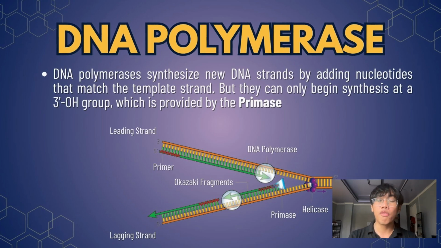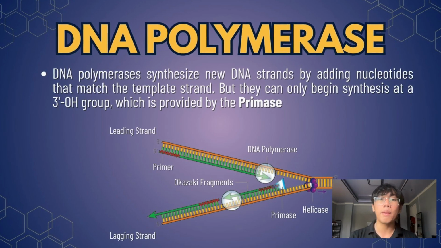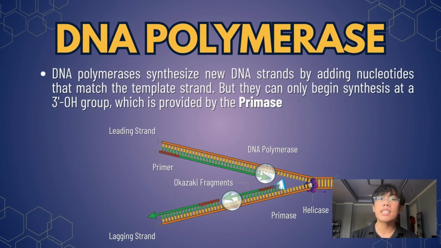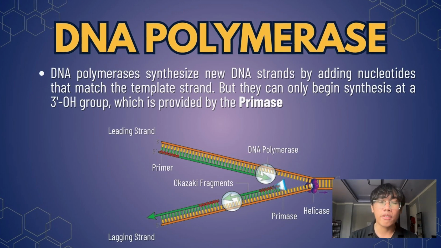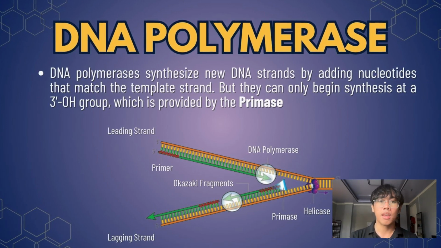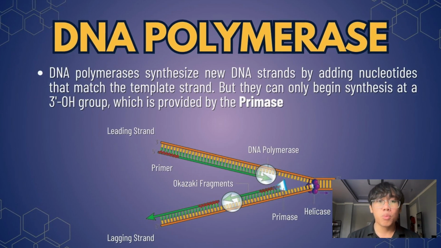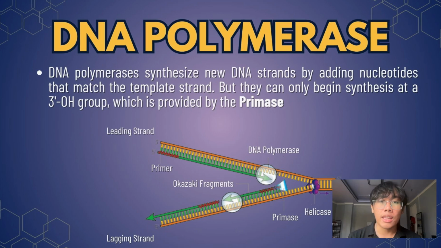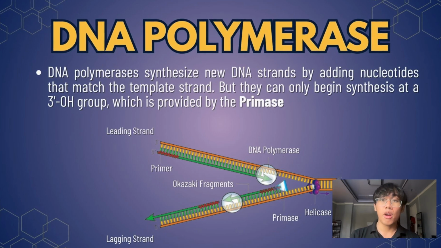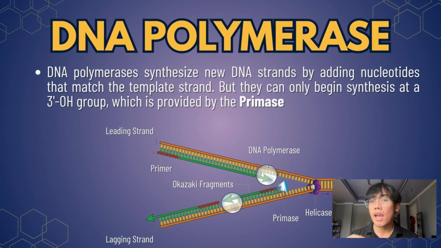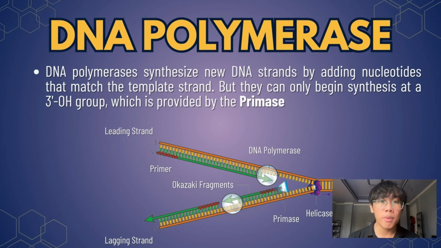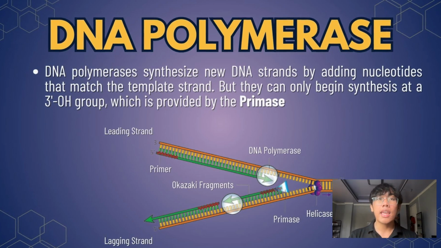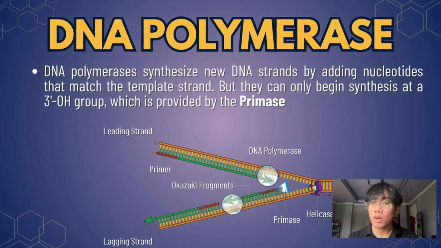These primers provide the 3' OH group required by the DNA polymerases, and it is especially active on the lagging strand, where new primers are needed for each Okazaki fragment. Now, the problem comes with DNA strands being antiparallel, meaning one strand runs from 5' to 3' and the other runs from 3' to 5'. But the DNA polymerase can only add nucleotides in the 5' to 3' direction.